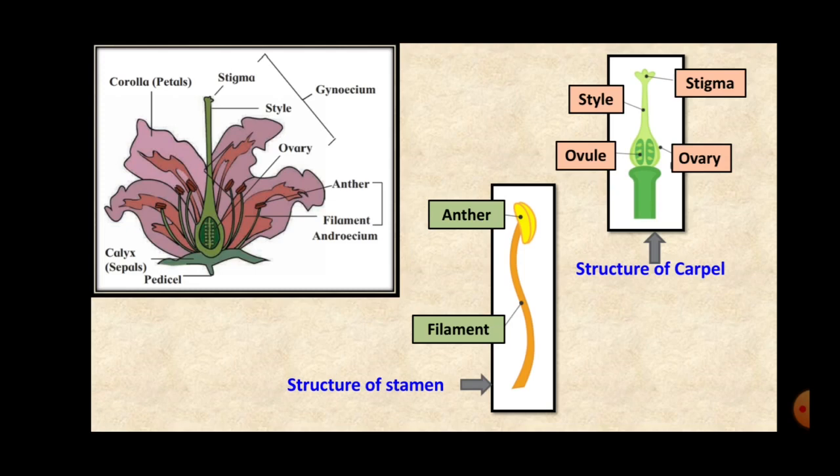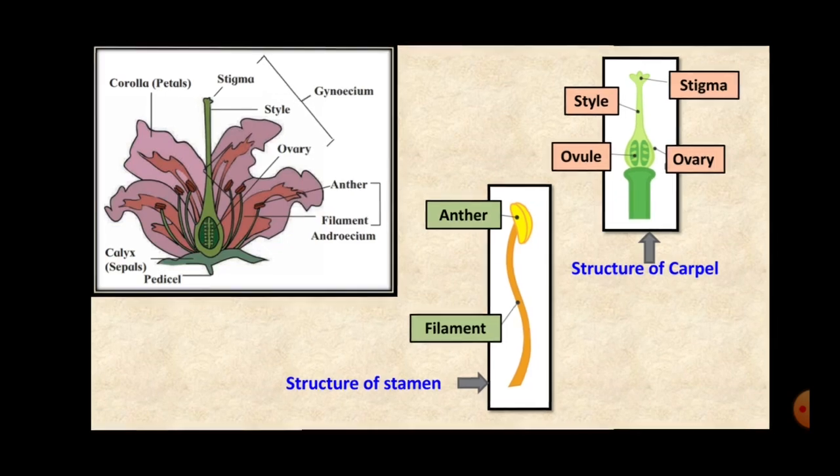Then style is the tubular structure which joins the stigma and the ovary, and through this style the pollen tube enters inside the ovary. Okay, so the structure of stamen, that is male reproductive part, and structure of carpel, that is female reproductive part.